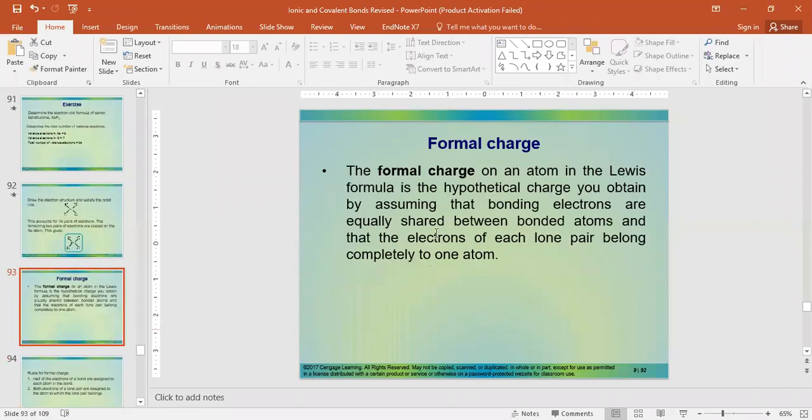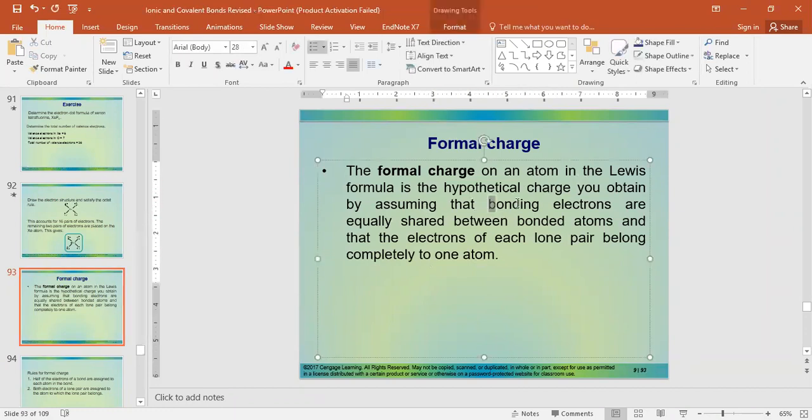So let us look at something we call the formal charge. Now, when we are looking at the formal charge, there is a hypothetical assumption that we make. The formal charge on an atom in the Lewis formula is a hypothetical charge that you obtain when you assume that the bonding electrons are equally shared between the bonded atoms, in the sense that they are shared in the middle, not that some electrons are closer to one atom than they are to the other.